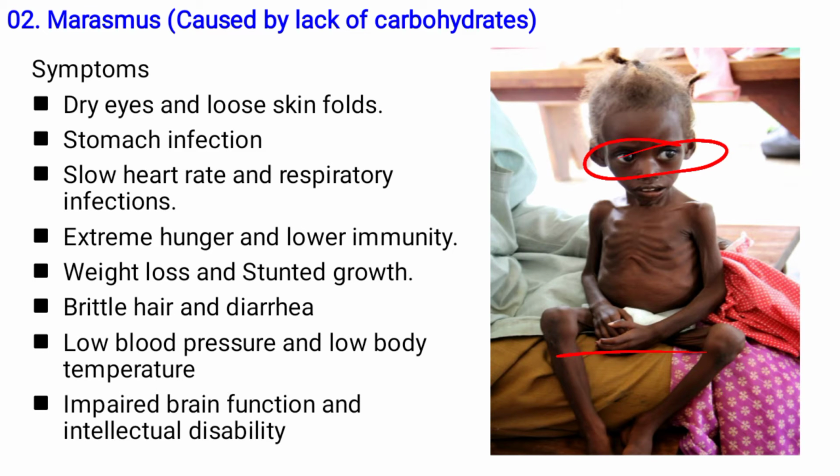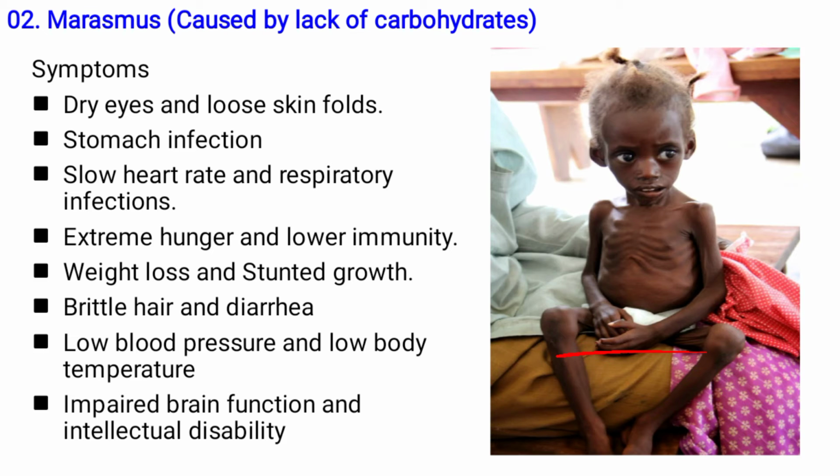The eyes become so dry, and there are loose skin folds. As you can see, the skin is loose. There is also stomach infection, slow heart rate and respiratory infection.